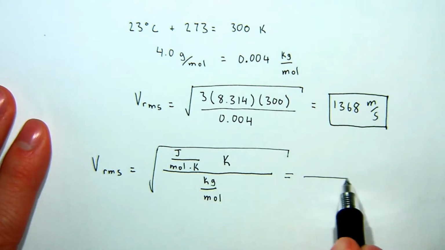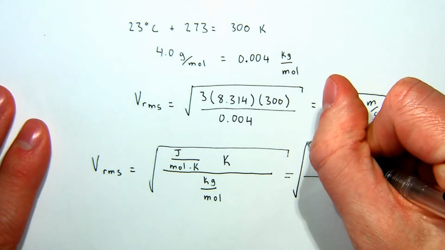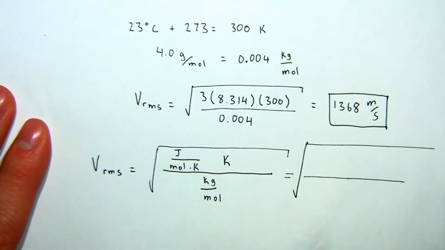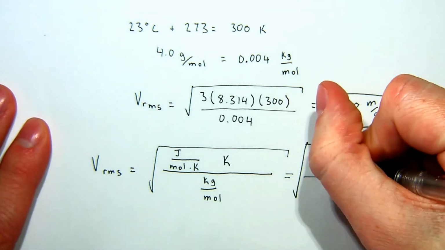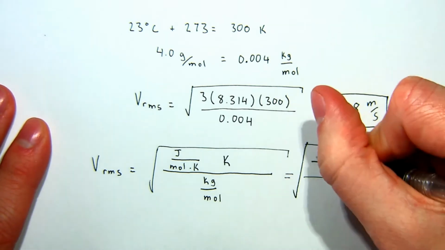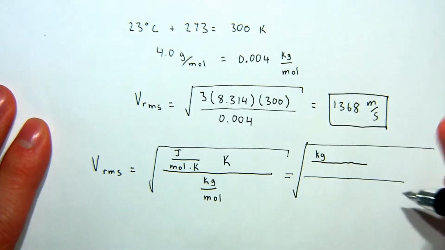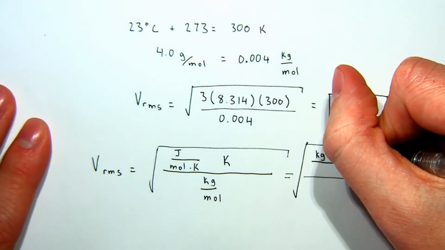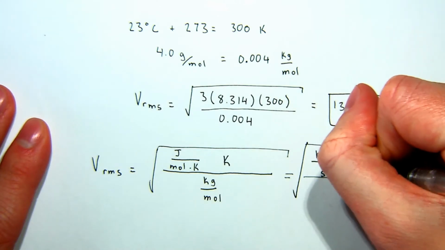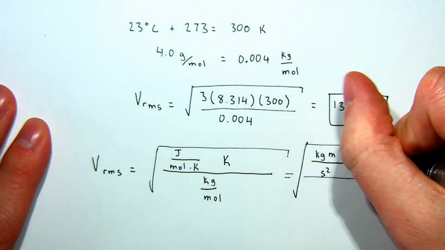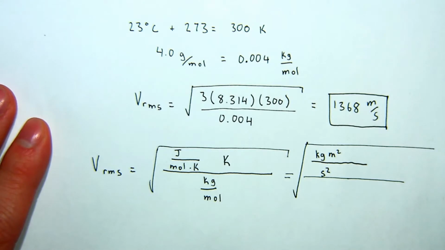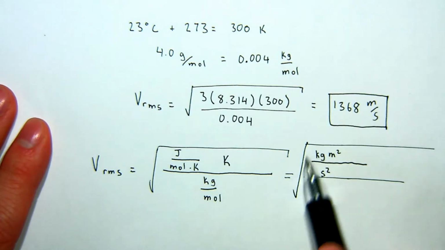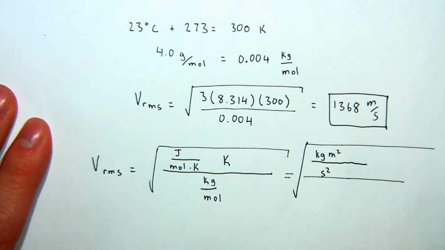Well, if you've taken a physics class, you may remember that a joule is the amount of energy required to accelerate 1 kilogram at a rate of 1 meter per second squared over a distance of 1 meter. So this unit is equal to a joule, and then we still have this moles Kelvin on the bottom here.